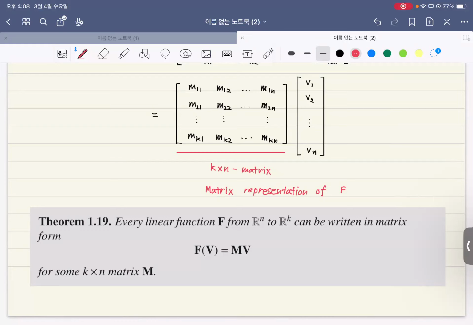So this is a matrix representation of this linear function. And the function value at this point can be easily computed by using matrix multiplication. This is clearly a column vector. Okay, good.